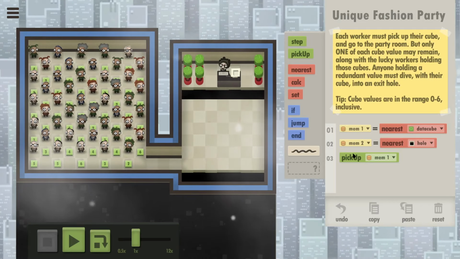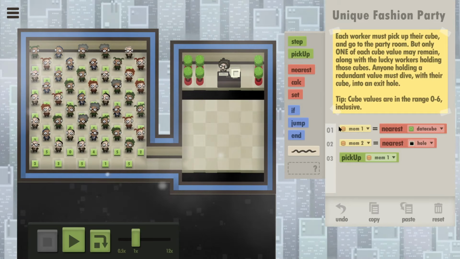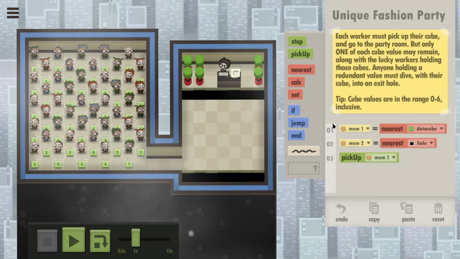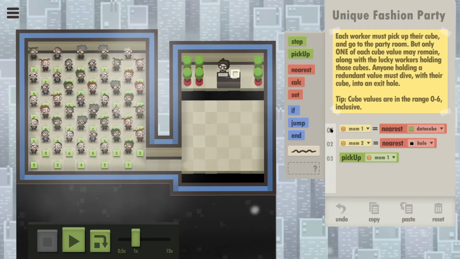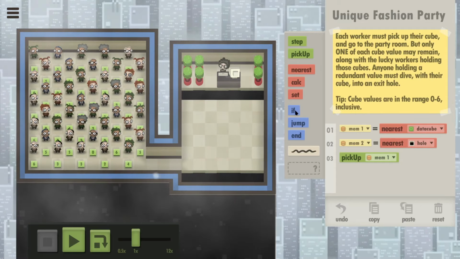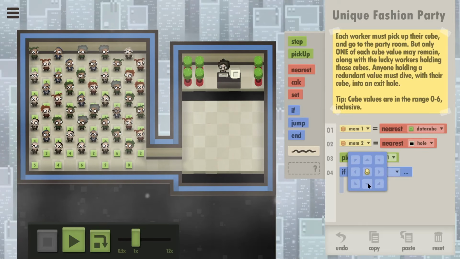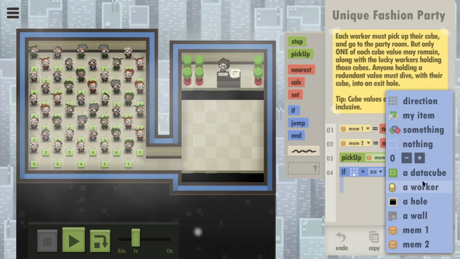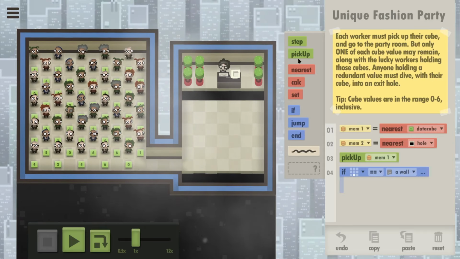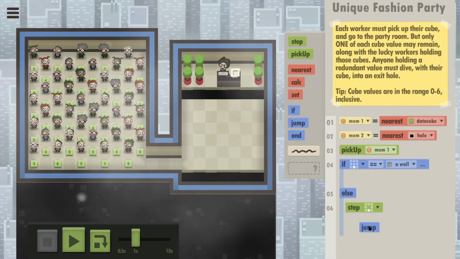I wonder if it's something about trying to get them in order. If I could tell them to stand in an order, like if the person to your left has this, then go. Okay, so let's try this. Nearest data cube, nearest hole. If down equals wall, a wall then, else step down, jump here.